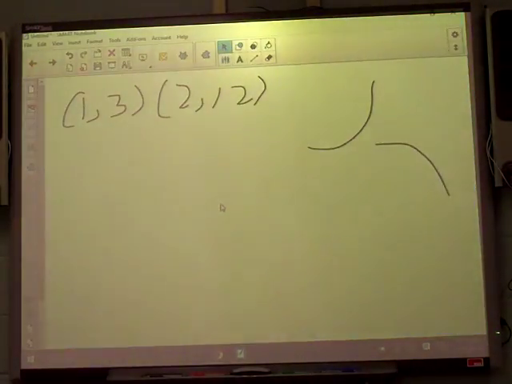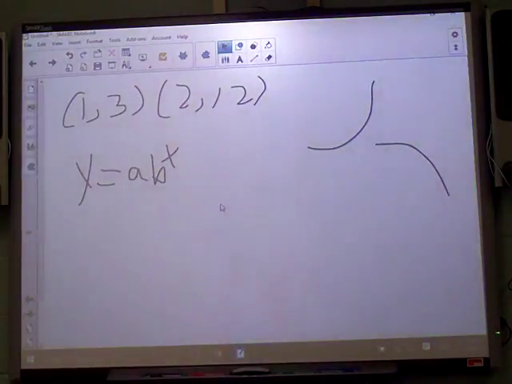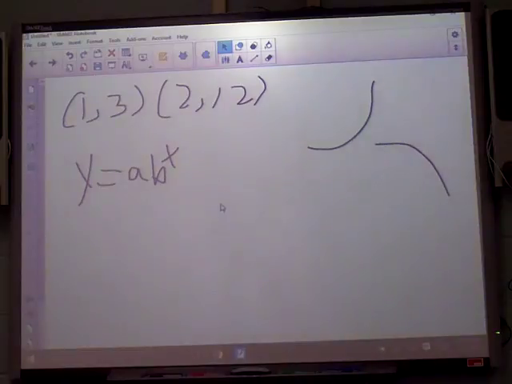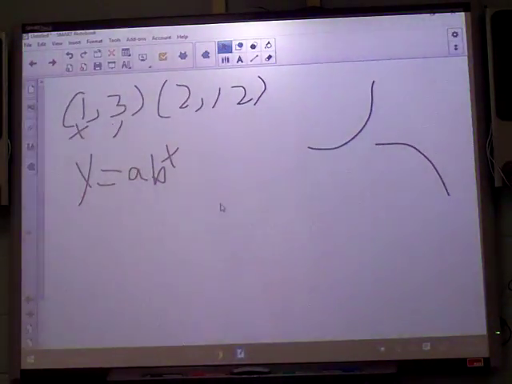Standard form of an exponential started off as y equals ab to the x. So what we don't know in this case is an a and a b. We're going to use both of those points and plug those in, because remember that's an x and a y, and an x and a y.